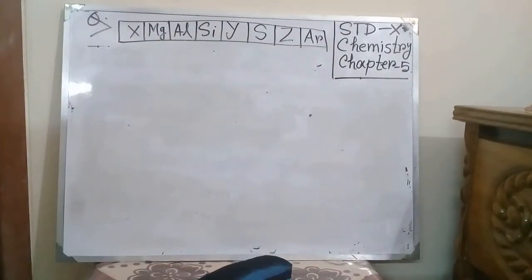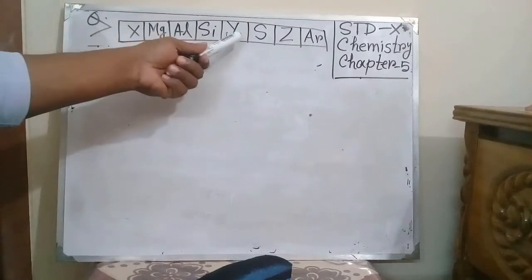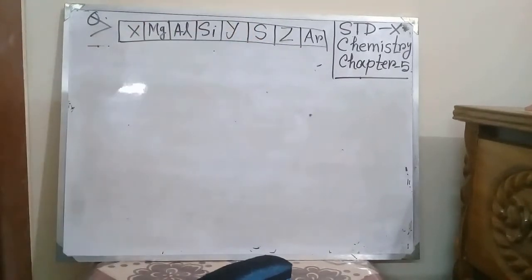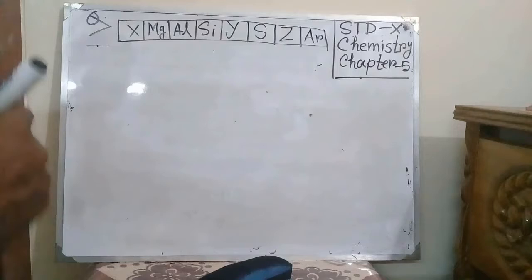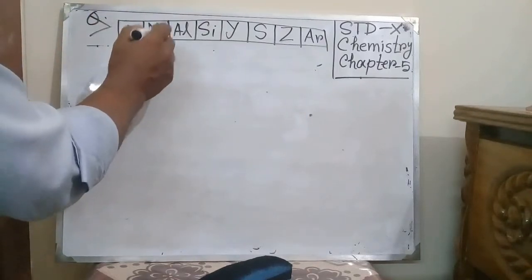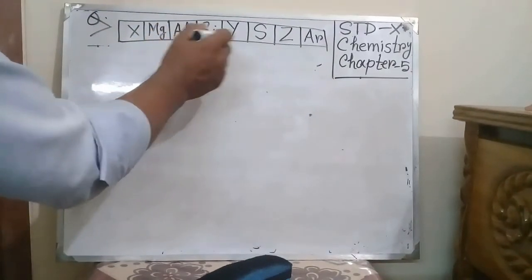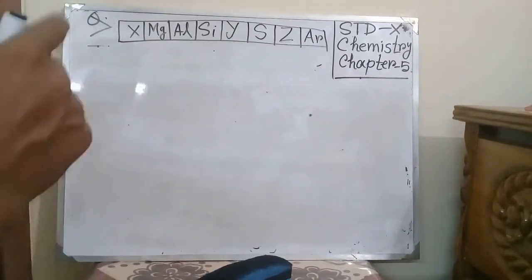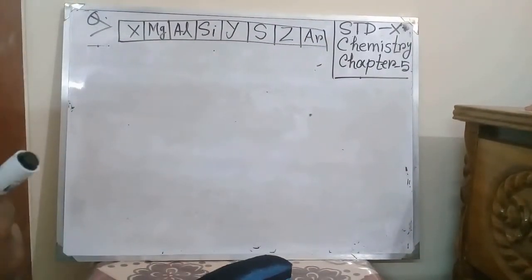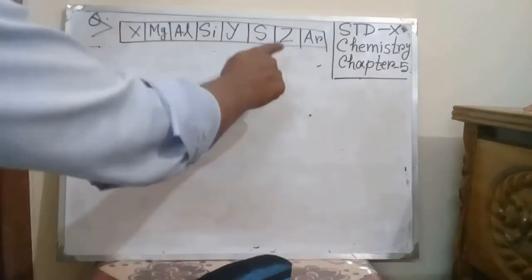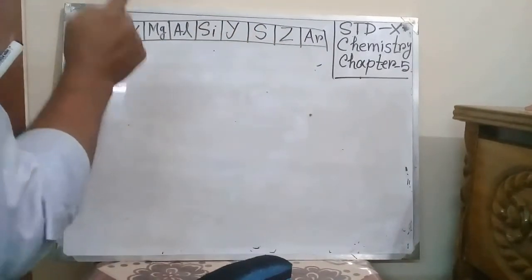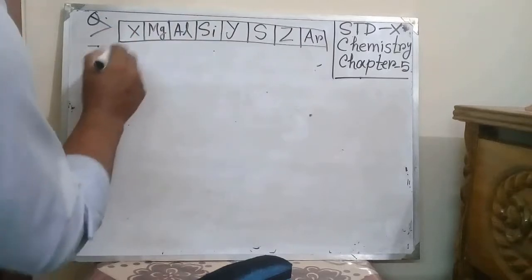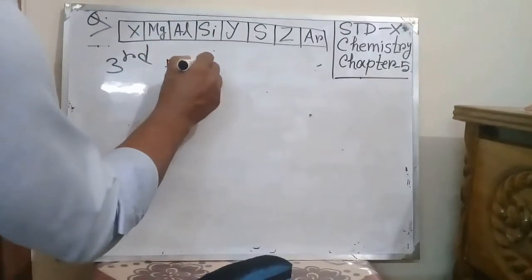First, we will identify what is X, what is Y and what is Z. We know magnesium, aluminium, silicon, sulfur and argon. These elements are elements of the third period. So all the elements of this table are in the third period.